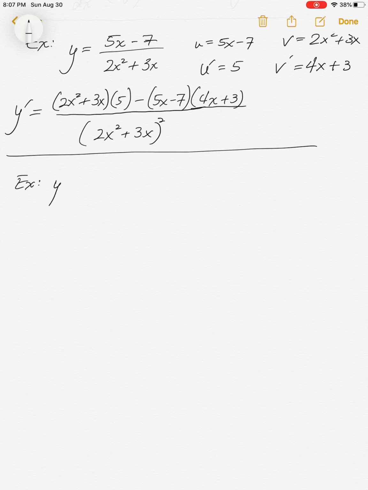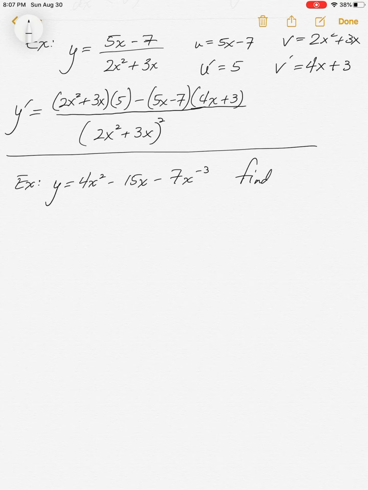So we're going to run through a few more examples before we check out. So we have y equals 4x squared minus 15x minus 7x to the negative 3.